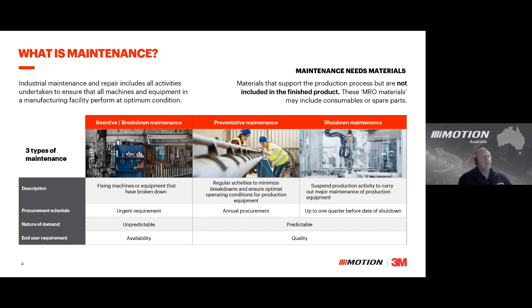As you'll see in the upcoming slides, the 3M range can have multiple uses in multiple areas of your facility. As you also see on this slide, fixing machines or equipment that have broken down becomes part of that breakdown maintenance and is extremely urgent. It is unpredictable in its nature, and in that availability of products, we can use whatever is available to get us back into service again.